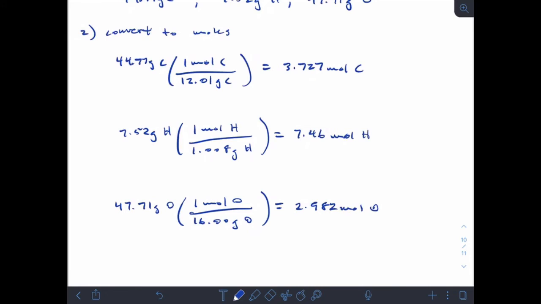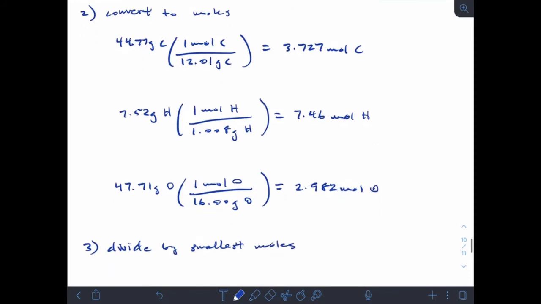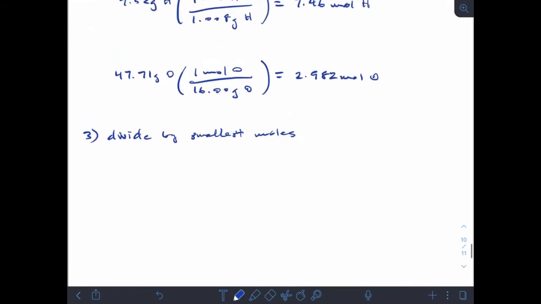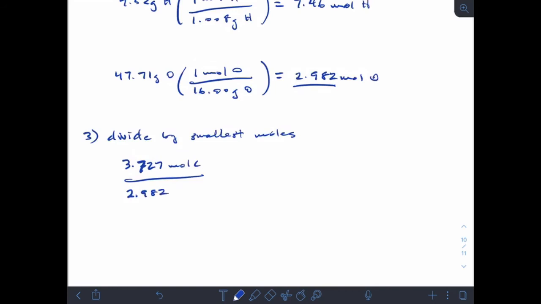Okay, so I'm going to divide by the smallest moles, so that's step 3. Right, so I have 3.727 moles of carbon divided by my smallest moles, which is the moles of oxygen, so divided by 2.982, that gives me a number of 1.25.